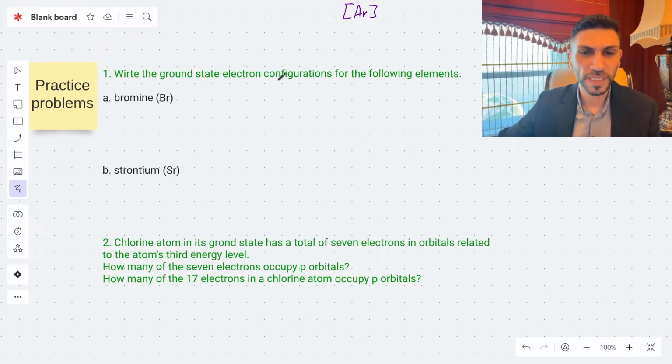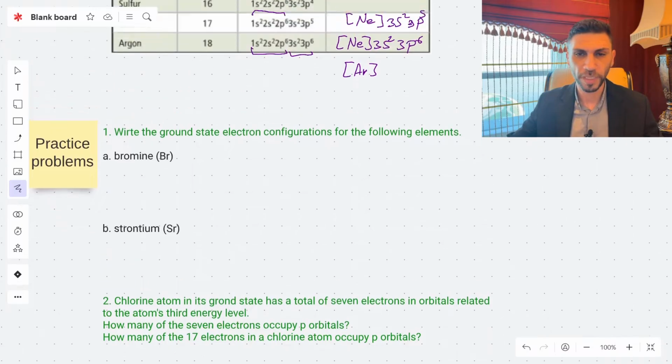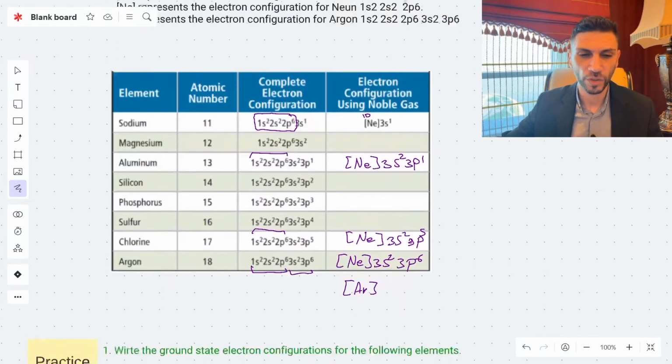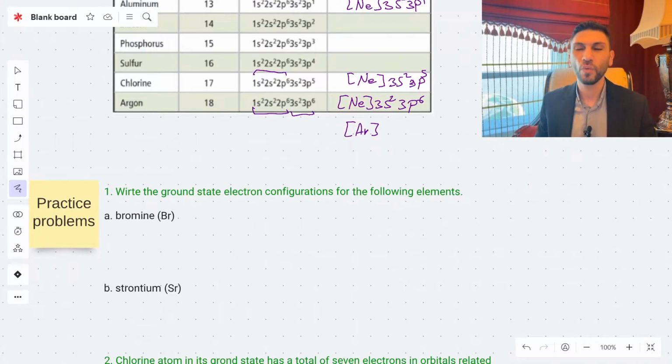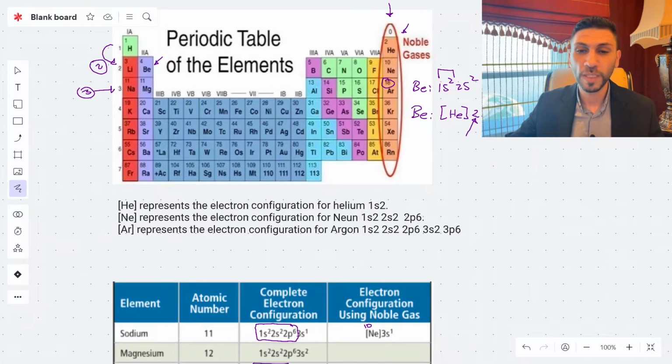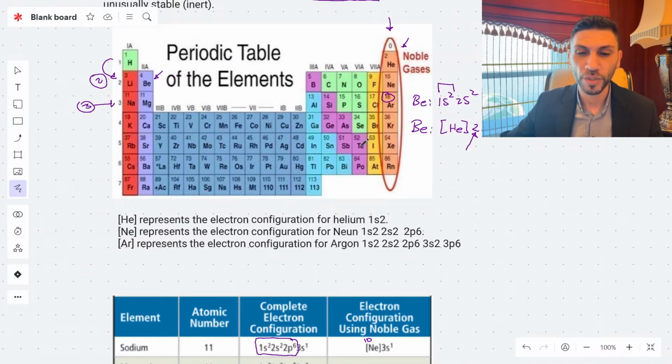Write the ground state electron configuration for the following elements. Bromine. From the periodic table, it has 35 electrons. So instead of writing 1s2, 2s2, 2p6, which is a waste of time, I need to check which noble gas is prior to the bromine.